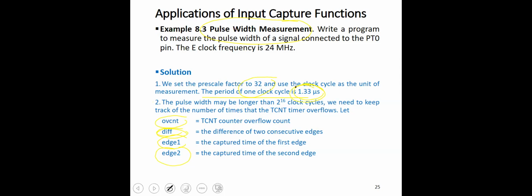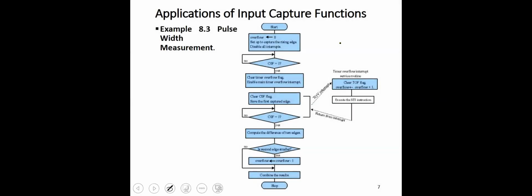This is basically 1 over 24 megahertz multiplied by 32, which is the prescaler. So each increment for the timer is basically 1.3 microsecond. So this is the flow chart.